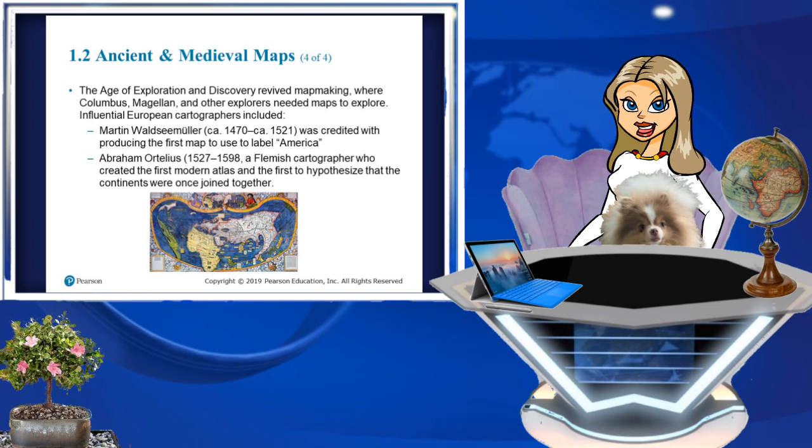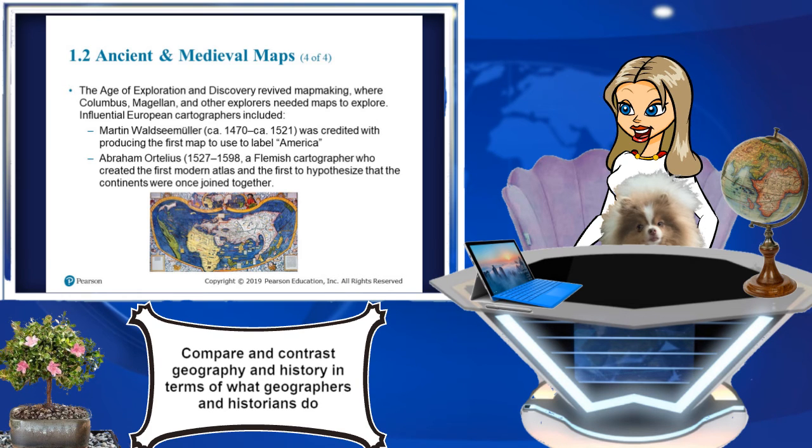Influential European cartographers included Martin Waldseemüller, who is credited with producing the first map to use the label America, Abraham Ortelius, a Flemish cartographer who created the first modern atlas and the first to hypothesize that the continents were once joined together.